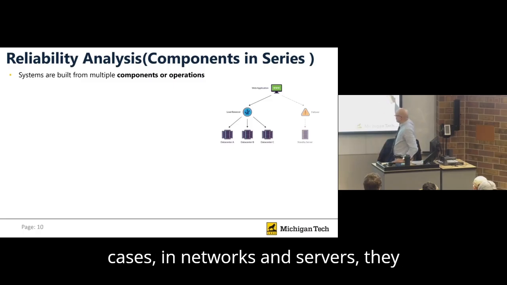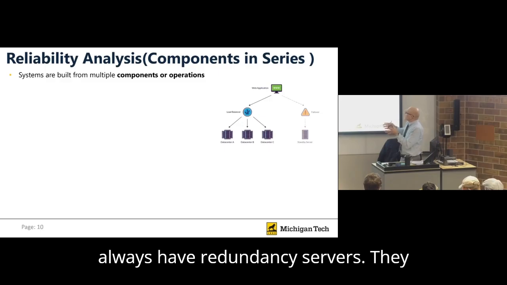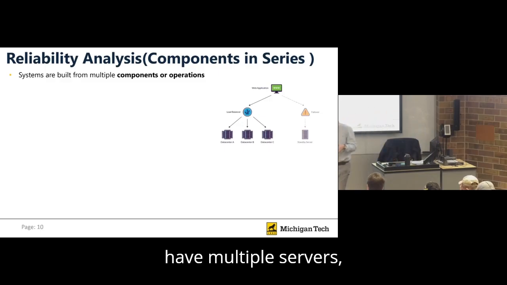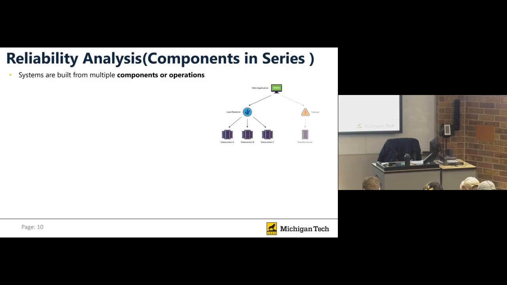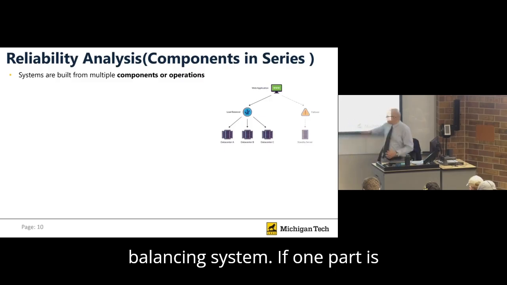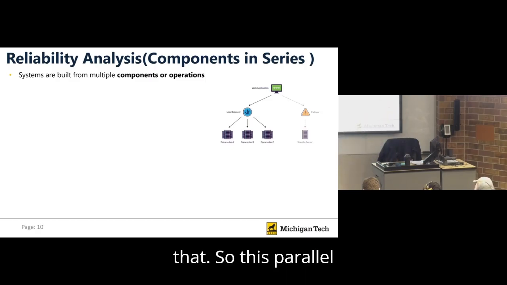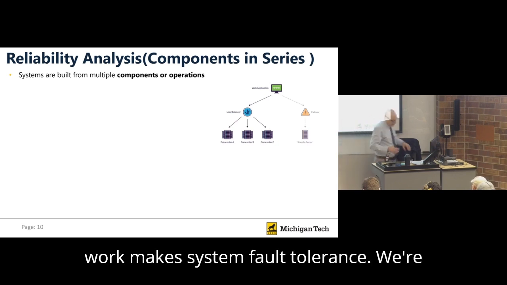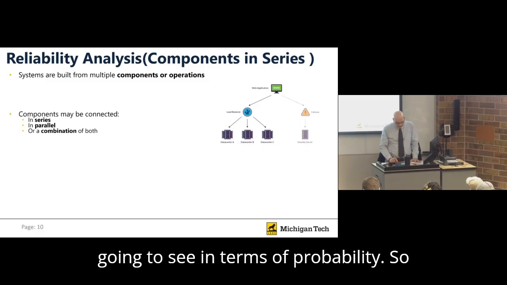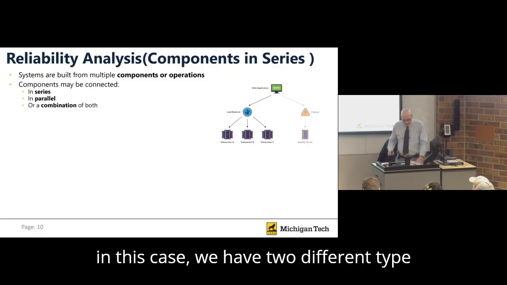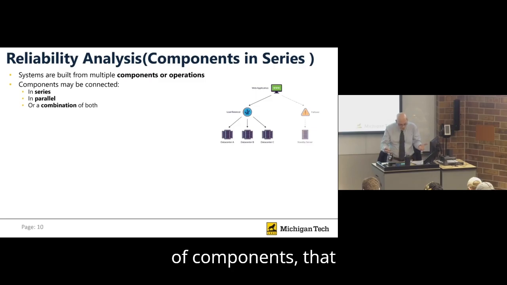In networks and servers, we always have redundant servers. They have multiple servers and some load balancing system. If one part is not working, the other part is going to replace it. So this parallel work makes the system fault tolerant. We're going to see it in terms of probability. In this case, we have 2 different types of components, and these components are independent. They work independently.